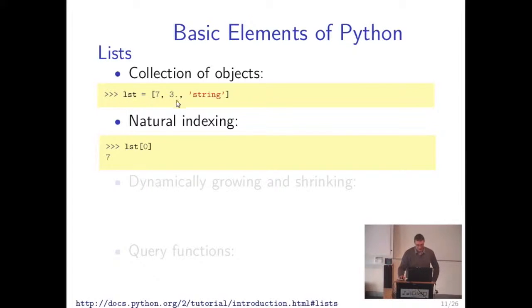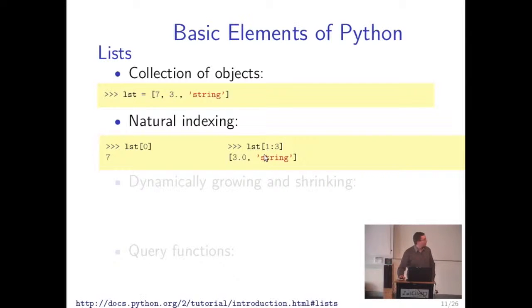When you want to retrieve an object from the list, you can just index it with the position of the object in the list. So when you want to have the first element, you index it with 0, so it's actually the 0th element, and you will get the 7. You can also slice a list by giving the first element and the position behind the last element.